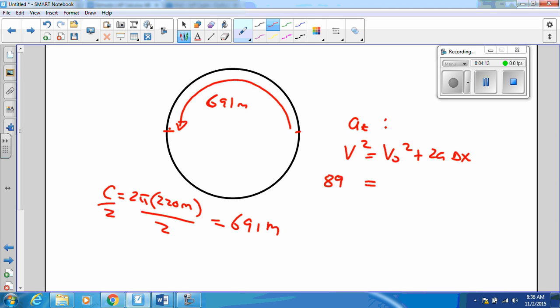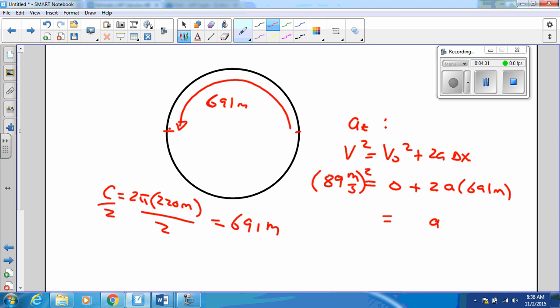I converted it. Good. Then 0 is the v naught, since he starts from rest, and 691 is delta x.